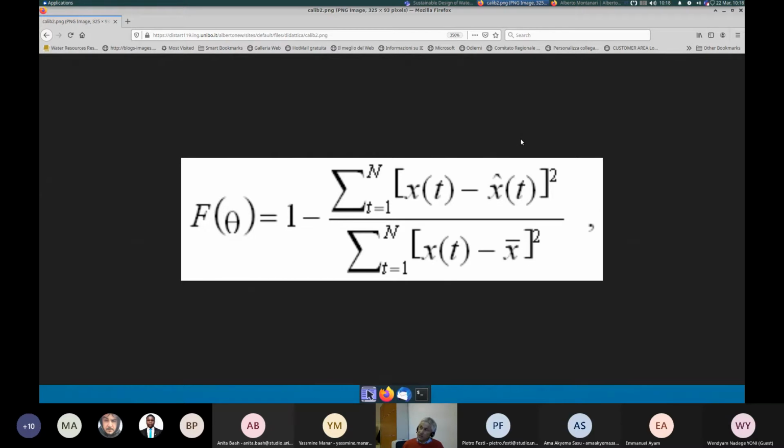It is the sum of squared errors with respect to the mean, or average, whatever you call it. So you have a series of observations. You compute the mean of the observations, and then you compute the sum of the squared differences between observation and the mean.